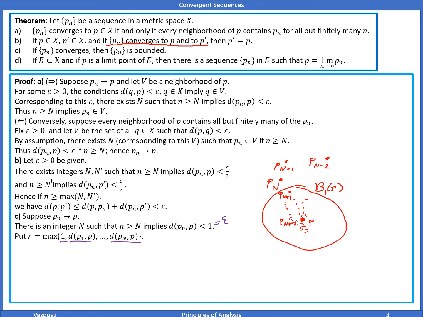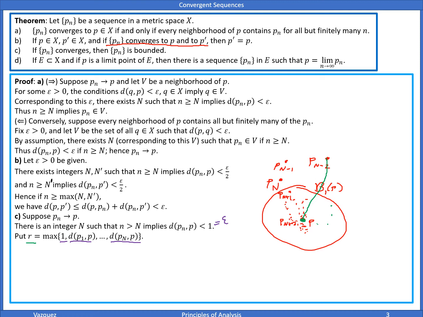Now the reason we put R to equal the max with 1 is because if all the points are inside, then the max will be 1, right? Because the distance between P and all the other points is less than 1. But if they're outside, in this case, P all the way to P sub n minus 2, assume that's a straight line, that distance is greater than 1, and it's actually the greatest distance.